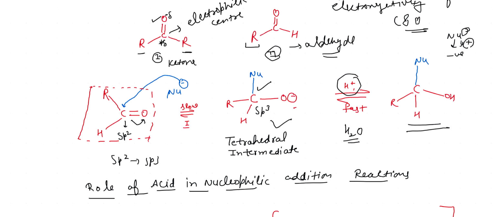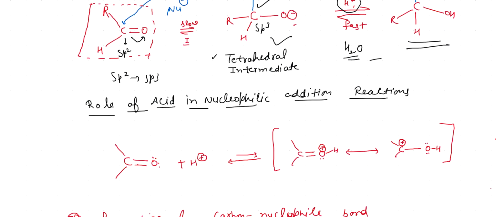There are several reactions we will do with different reagents. In all of these, the mechanism is common. In the first step, the nucleophile attacks, and in the second step, the oxygen gets protonated. Clear?